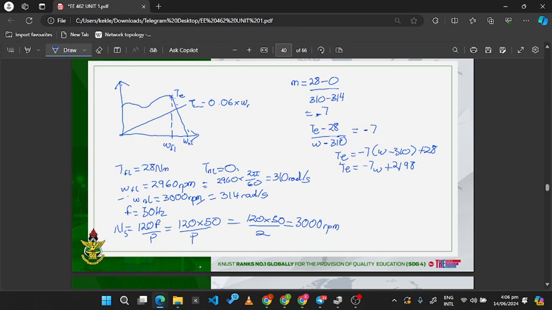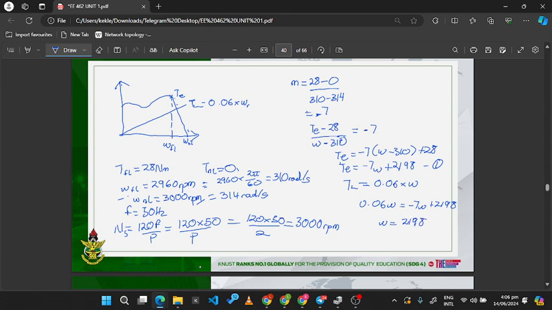So the operating point, this equation 1 should be equal to equation 2, which is the 0.06 times omega. So if we equate the two, we have 0.06 omega should be equal to -7 omega plus 2198. You can get omega factored out.